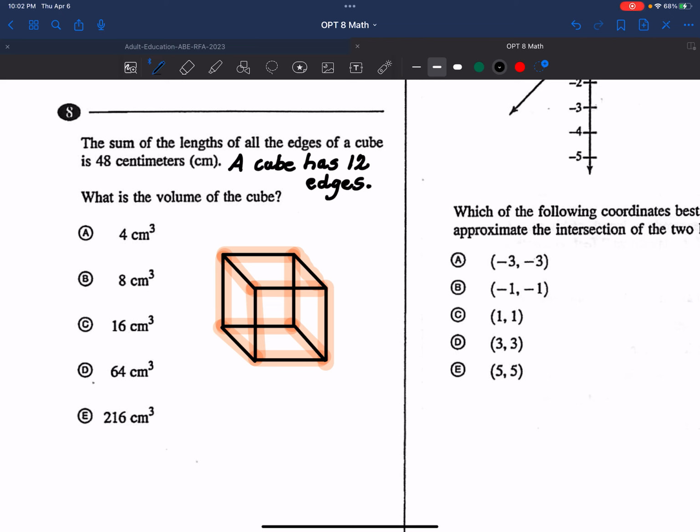It has 12. Well, we know that 48 centimeters is the sum of all 12 of those edges. So that means that 48 divided by 12 is 4 centimeters, is the length of one edge.